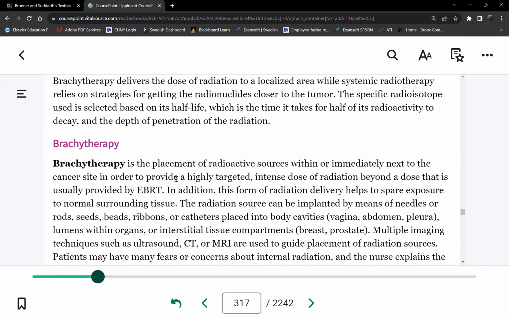So the patient is carrying it. Would that be a surgery? Not necessarily, but it is invasive. It depends. So if it's used to treat breast cancer, it's usually applied after surgery. So let's say this is the patient's breast.